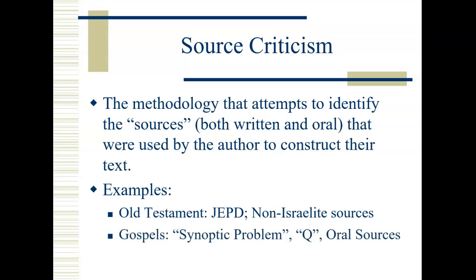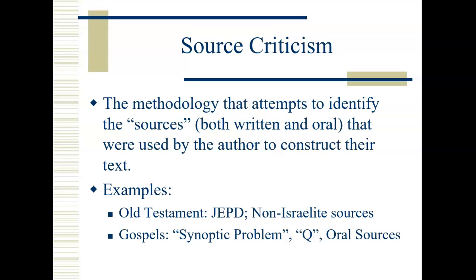So in the New Testament, particularly with the Gospels, you have what we call the synoptic problem: Matthew, Mark, and Luke have shared material, and of course the question is, what's the relationship between Matthew, Mark, and Luke in terms of the sources that they use? The general consensus or theory is that Mark's gospel was written first, that Matthew and Luke would have access to Mark, and as well other unique sources.